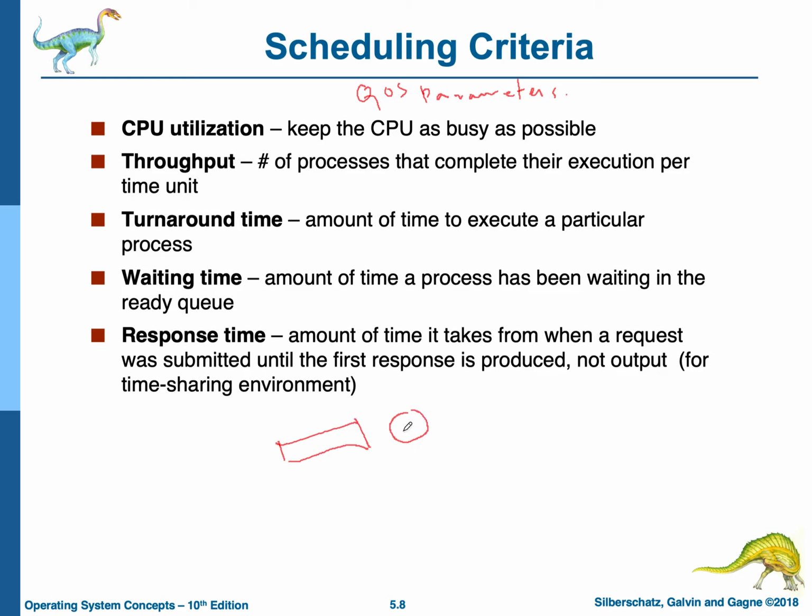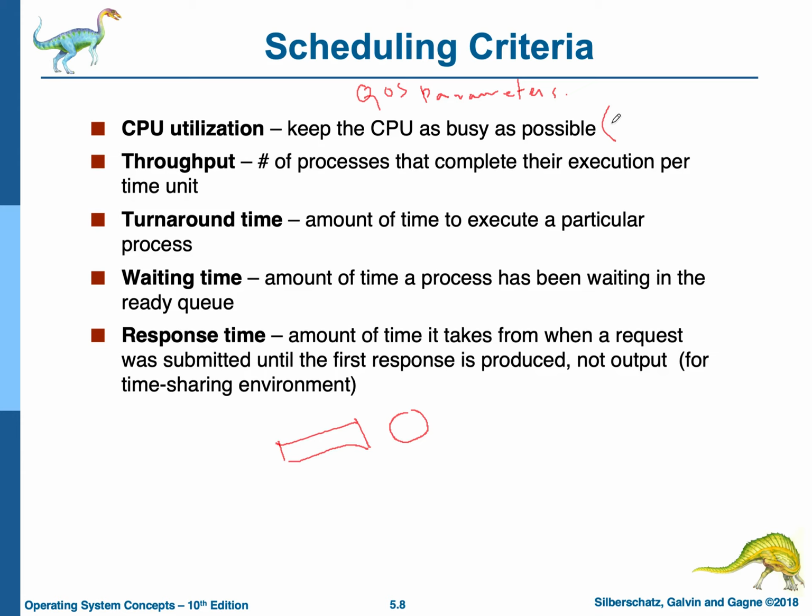Now CPU utilization is how much a CPU is busy. How do we calculate this? We calculate it by seeing how much time the processor was idle and how much time it was busy. So the key of scheduling is to keep the CPU as busy as possible.